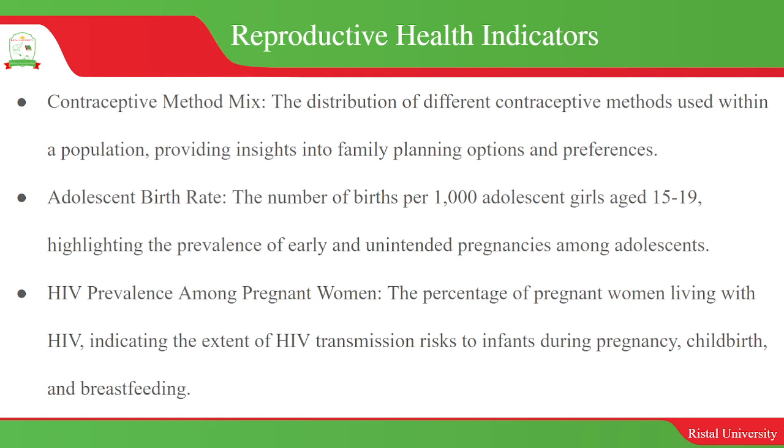Okay, whether during pregnancy, childbirth, and others. Okay, that also the prevalence of HIV in pregnant women can be used to reflect the prevalence of HIV in the general population.